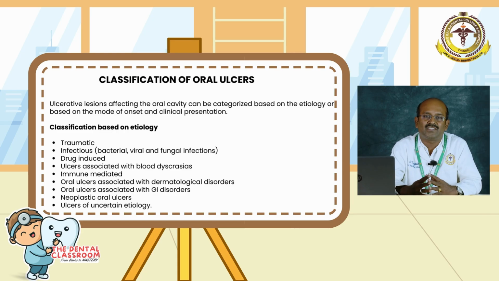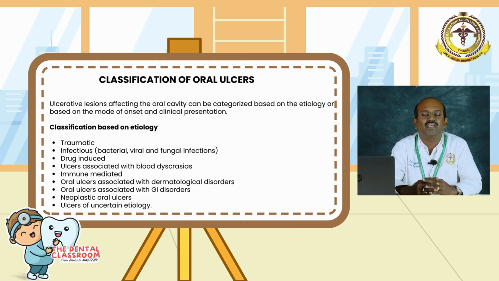But generally you can go by etiology. What is etiology? What is the cause of an ulcer? It can be traumatic, so you put it as a traumatic ulcer. If it is an infectious ulcer, you can put it as bacterial, viral, or fungal. All the infectious ulcers will come under these three headings. Next, ask the history, whether they have taken any drugs, whether the drugs have caused this ulcer.